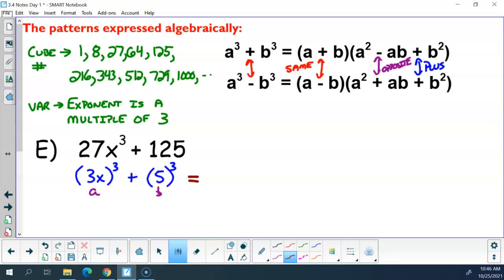Following along, we're on the top line because it's plus, so it's going to be A plus B. 3x plus 5. Then, A squared. What's 3x times 3x? 9x squared. Yep. What is the operation?